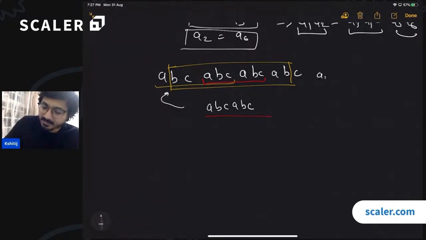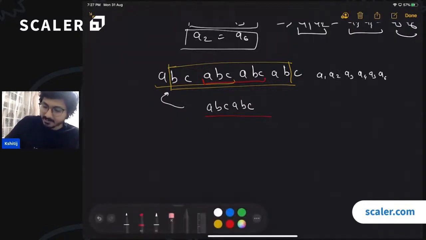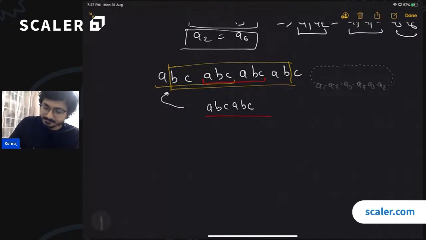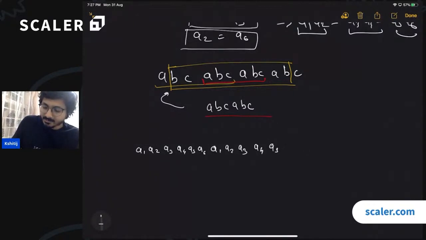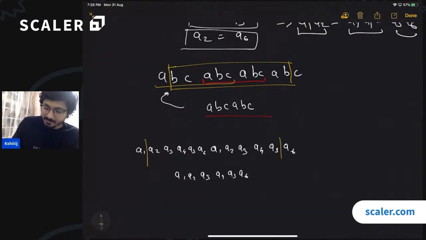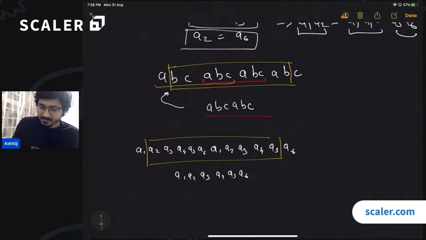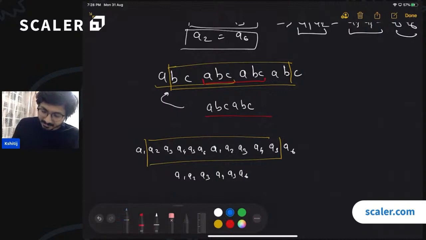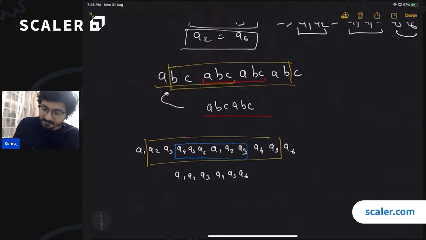Let us write a generalized version also. This is nothing but A1, A2, A3, A4, A5, A6, and we have appended A1, A2, A3, A4, A5, A6. Now we are searching for A1 through A6 in this part. As per this case, we are finding it after the third character, so we are going to find it here. What does this mean?